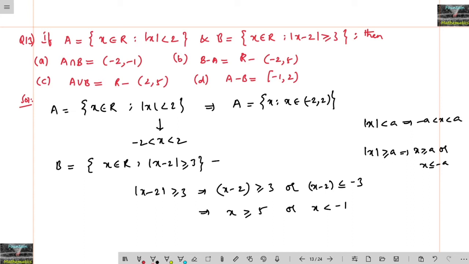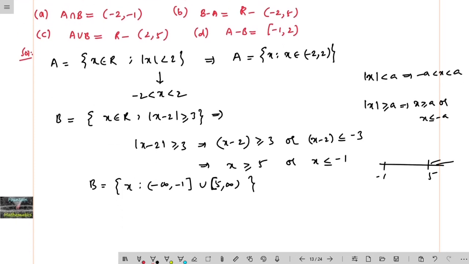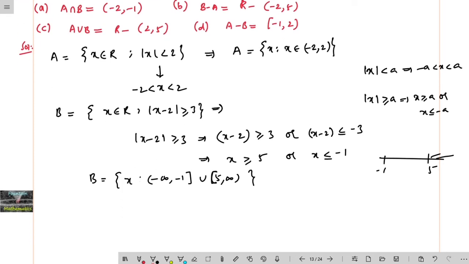So this part I can write B is equal to x such that x is above 5 or equal to 5 and below minus 1, less than or equal to minus 1. So we can write minus infinity to minus 1, closed at minus 1, union 5 to infinity, closed at 5 and infinity is open.